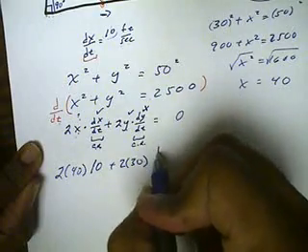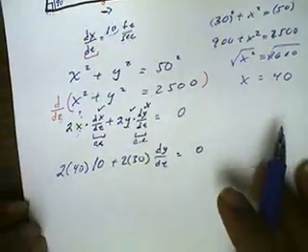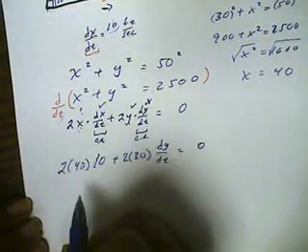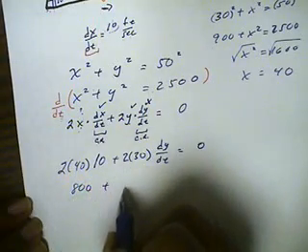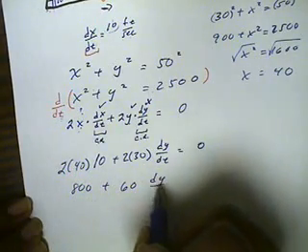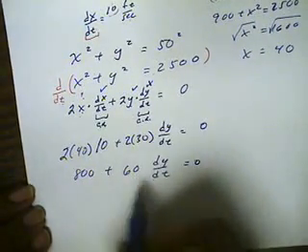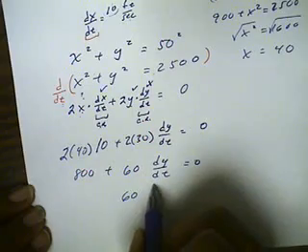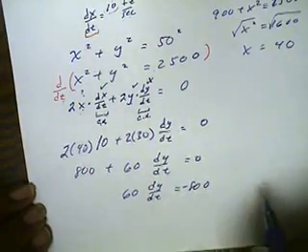And we're looking for the change in y per change in time. Okay, when I multiply all this together, we're going to get 800. Multiplying this, we get 60 dy dt equals 0. Alright, subtract 800 from both sides, and we get 60 dy over dt equals negative 800.